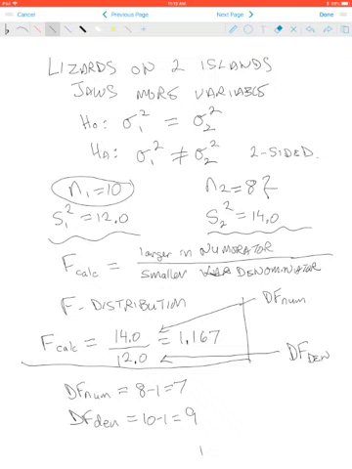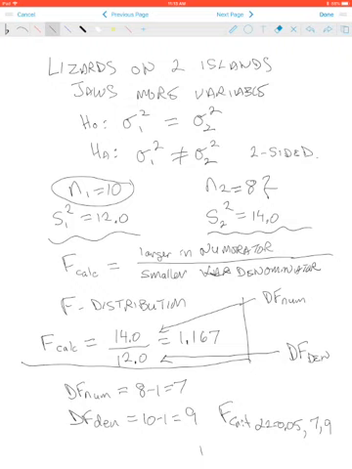And so what we need to do now is look up in the F tables the critical value of the F distribution. So what we really want is F critical with alpha over 2, so that we have to look up in the right tables, alpha over 2 equal 0.05, with first the numerator degrees of freedom, which was 7, and denominator degrees of freedom 9.